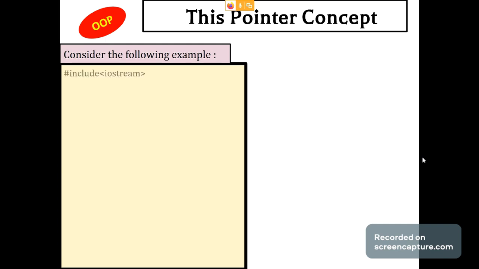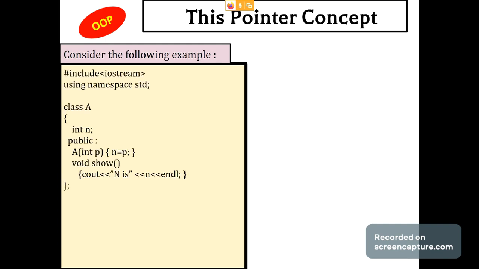Now you're writing a program where you have a class with a data member n and a show function which displays the value of n, and you have two objects assigned values 10 and 20 respectively through a parameterized constructor.